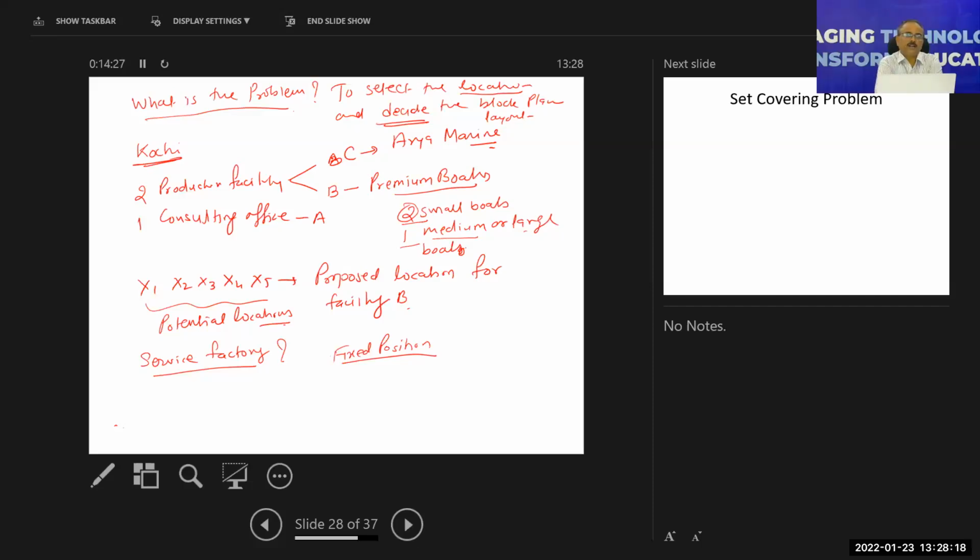Load distance method, we can have a better method, interaction. Load distance method. Transportation problem we can apply. Center of gravity method. Transportation problem.